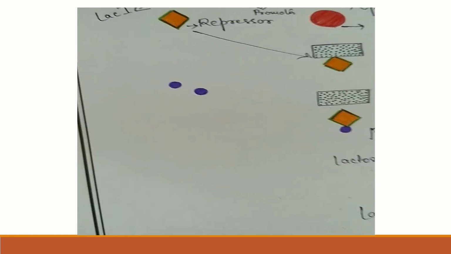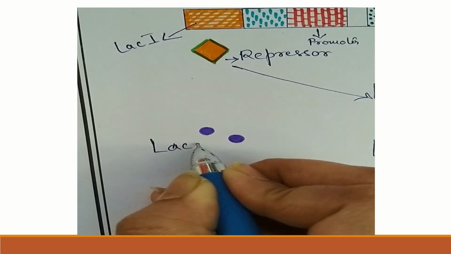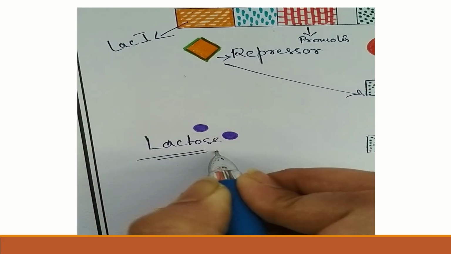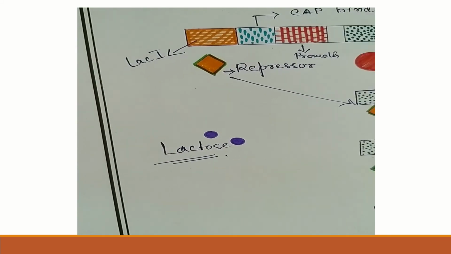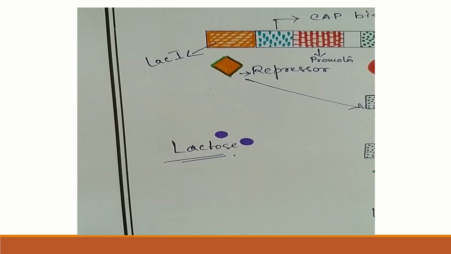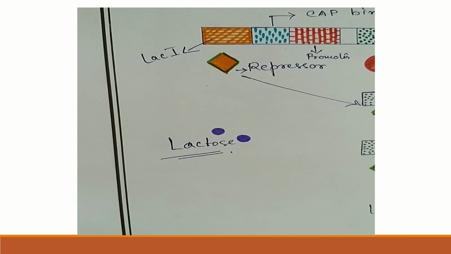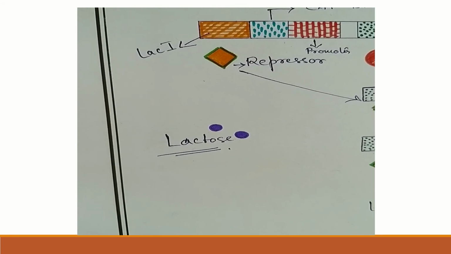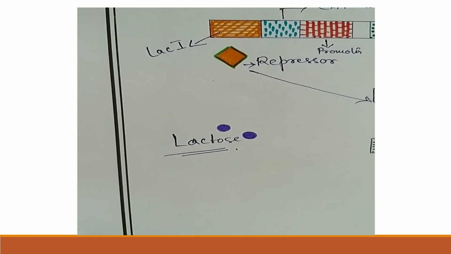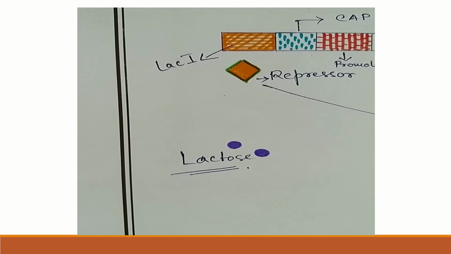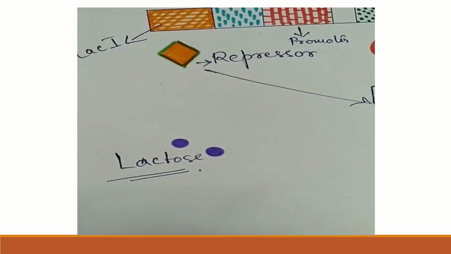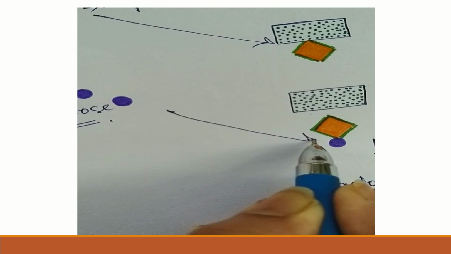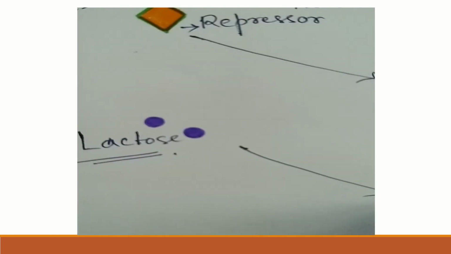On the contrary, when lactose is present in the medium, then what happens? Then transglycosylation by beta-galactosidase produces allolactose from lactose. Now this one will go and bind to the repressor molecule.